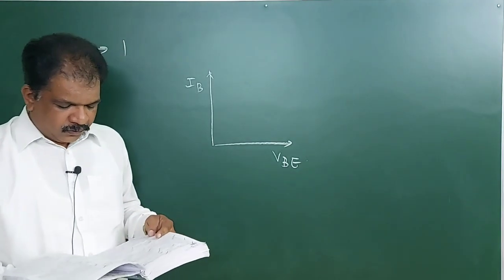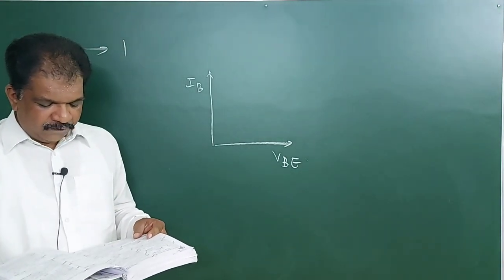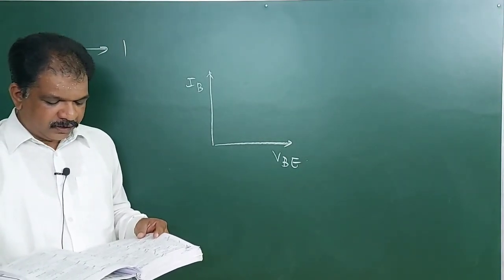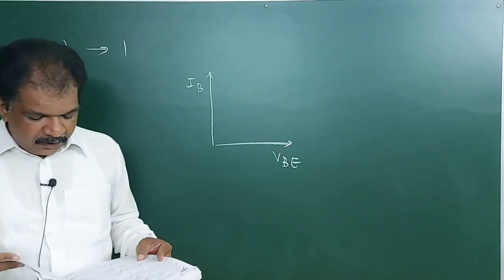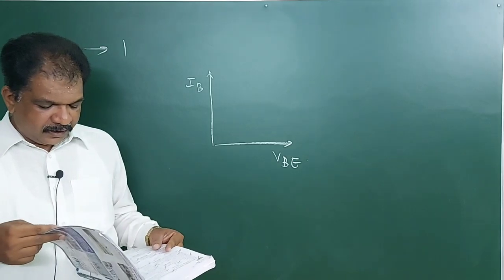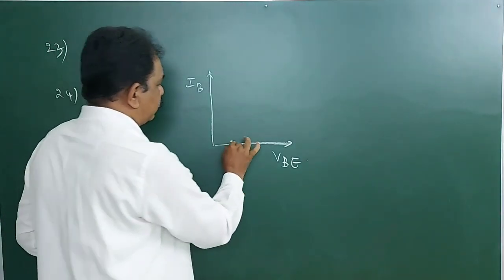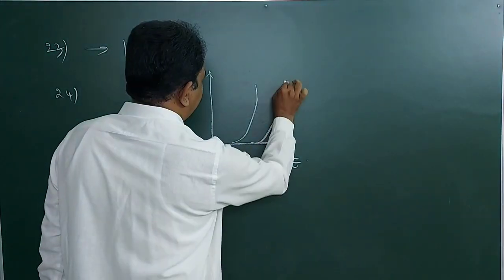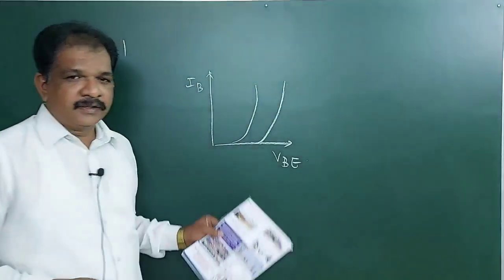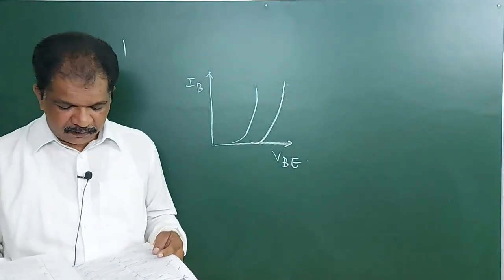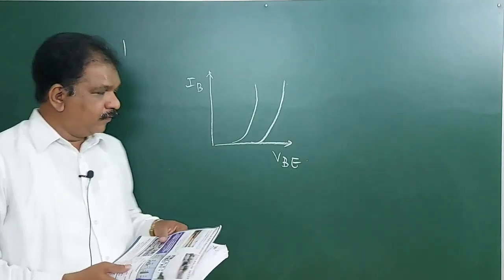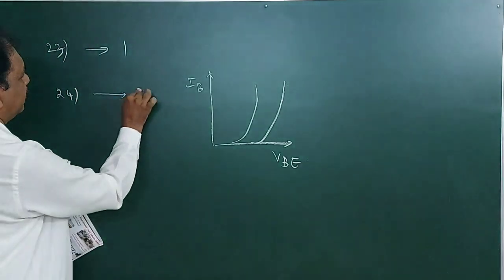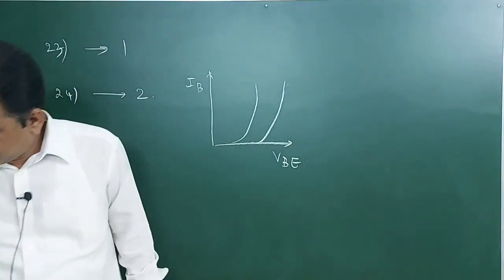So the graph in common emitter configuration, input characteristics, will be drawn between IB and VBE at constant VCE. The graph shape will be like this. Check the synopsis of this chapter. Easily you will get that graph. 24, it will be second option.